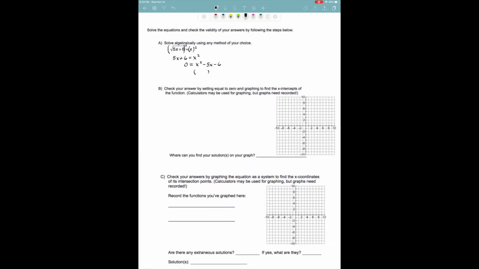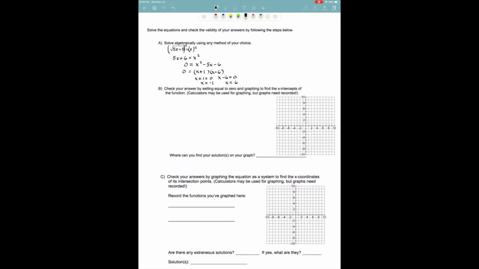We'll factor that. We should end up with factors of 6 that differ by 5. So that's going to be 6 and 1. So we need x minus 6 and x plus 1. We'll use that zero product property to finish solving them here. We'll get x equals negative 1, or x will end up equaling 6.